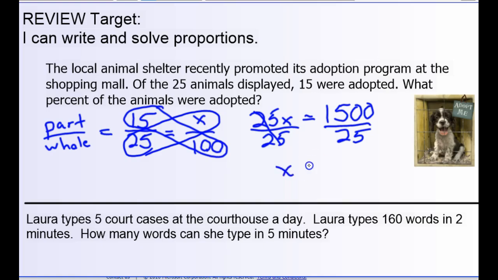Once we do this, we should get our percent of the animals adopted. So 1,500 divided by 25 equals 60. So 60% of the animals that were shown were adopted.